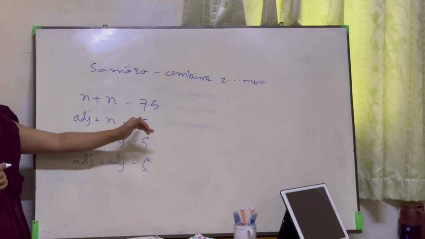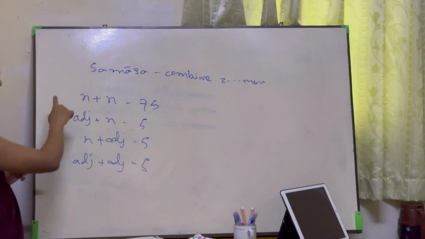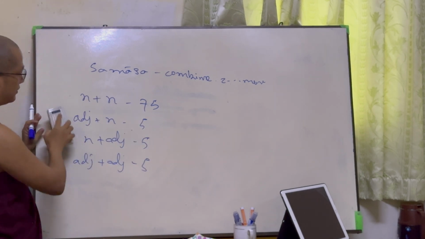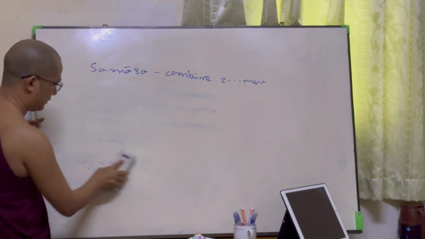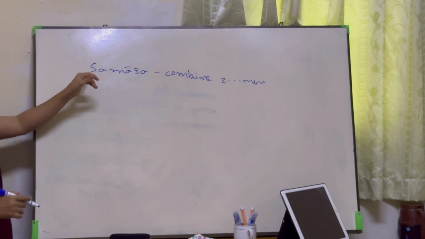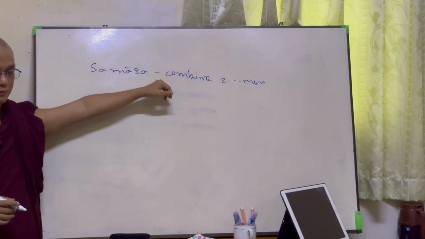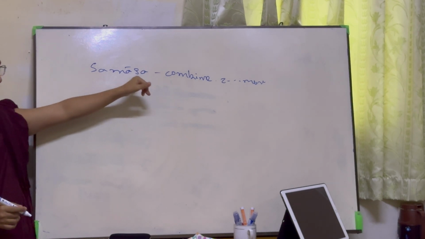But other techniques we will also see. This is the Samāsa. Generally, we teach noun plus noun. To create the Samāsa, basically we need to know the noun plus noun.